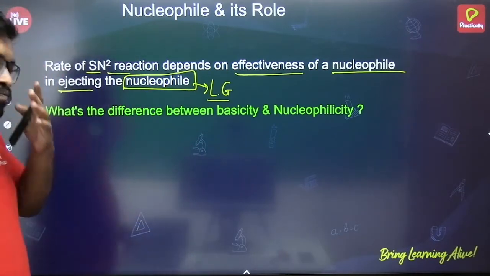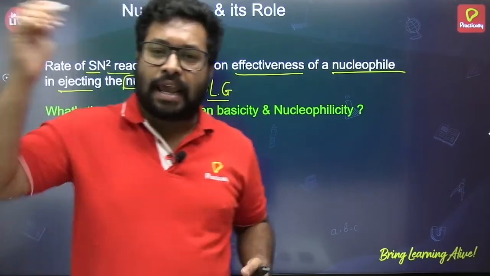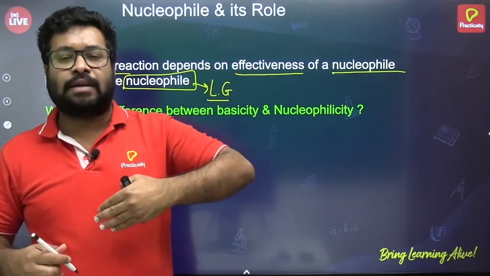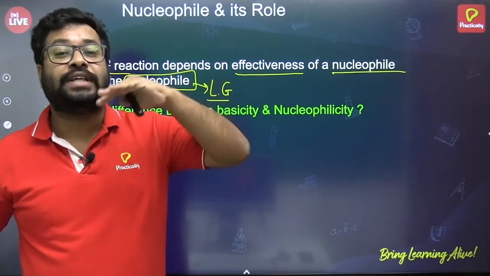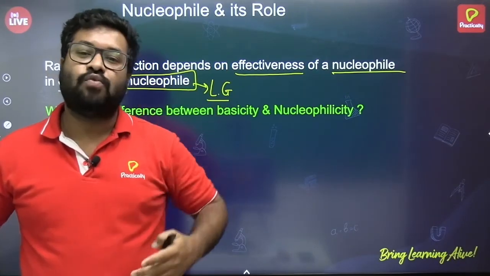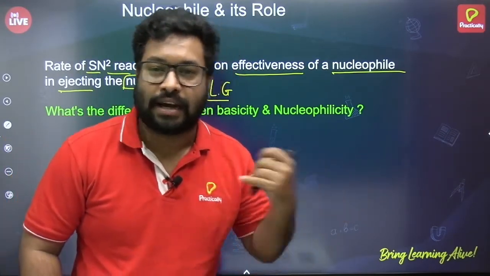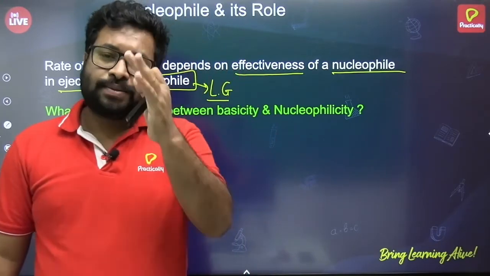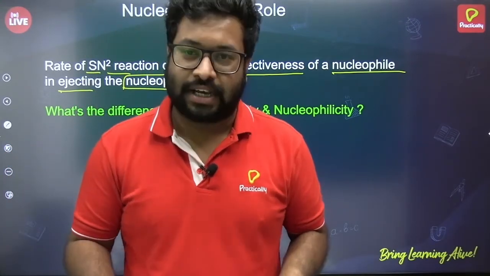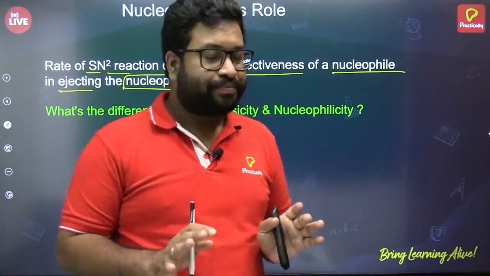Okay, so you can see here, nucleophile came, OH minus came, it attacked on carbon, and later on it basically ejected the nucleophile which was present there earlier. So basically one nucleophile replacing another nucleophile. That's a perfect definition of a nucleophilic substitution reaction. Okay, actually that's the definition.